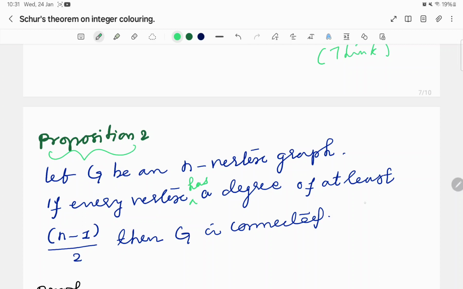So for example, if you have a graph of 7 vertices, every vertex needs degree at least (7 minus 1) by 2, that is 6 by 2, which is 3. So if every vertex has degree at least 3, then that 7 vertex graph is a connected graph. That's what this theorem says, right?